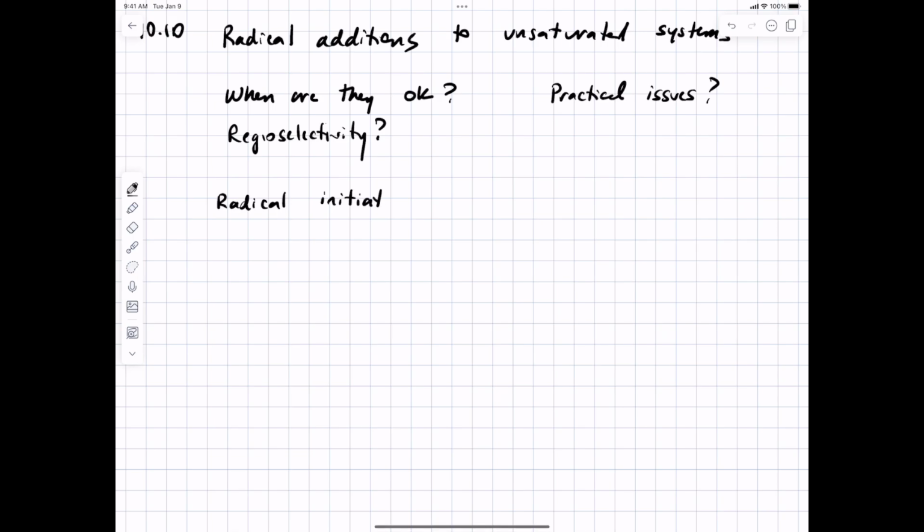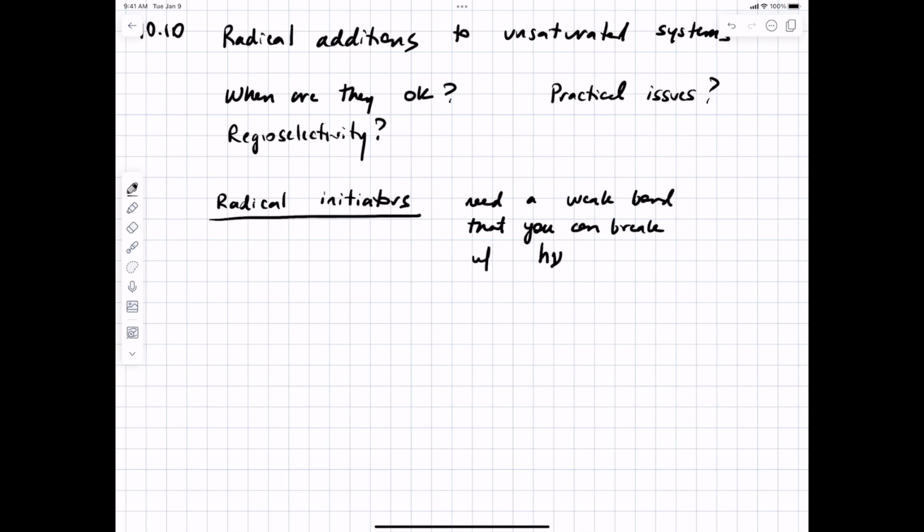And how you do this is dependent on a lot of factors. You can do it with light and heat, or heat. You basically need a weak bond that you can break with either light. This is how organic chemists write light.